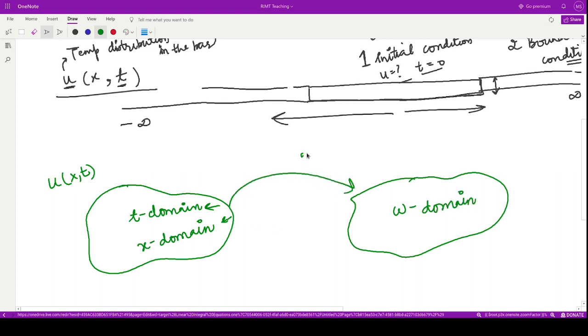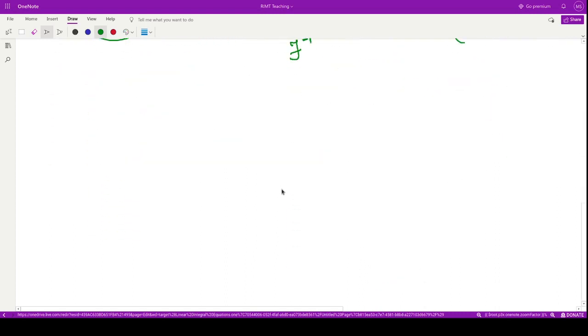We'll apply the Fourier transform onto the given heat equation, so we'll be moving into the frequency domain. We'll simplify all the calculations, we'll simplify the problem here, and then we'll move back from the frequency domain to the original domain by applying the inverse Fourier transform to it. So this is the basic structure that we'll be following here. So let us get started with this solution.